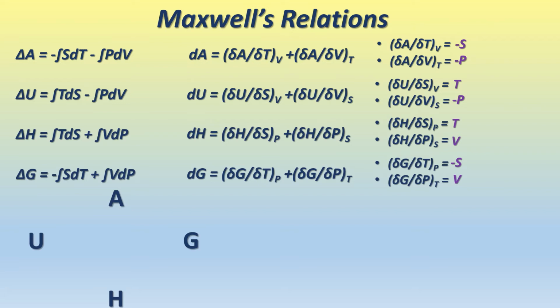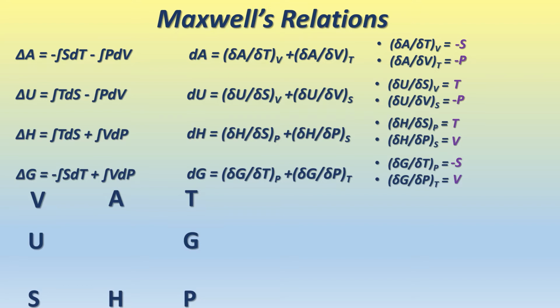He had, in a diamond, your thermodynamic functions, A, U, G, and H, and flanked each with their natural variables. So the first line, A is a function of V and T. G is a function of T and P. H is a function of S and P, and U is a function of S and V.